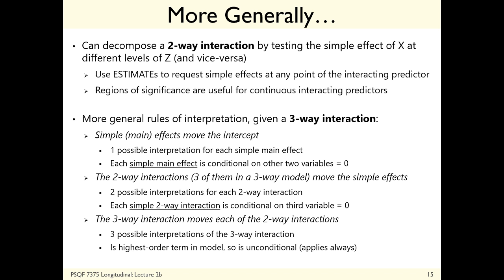We then talk about what the two-way interactions do to the main effect. If you have a three-way interaction, that implies there are three distinct two-way interactions. Each of those makes its constituent main effects more positive, less positive, more negative, less negative. And then the new part, the three-way interaction, takes each of the two-way interactions and makes them more positive, more negative, less negative as a function of the third variable.